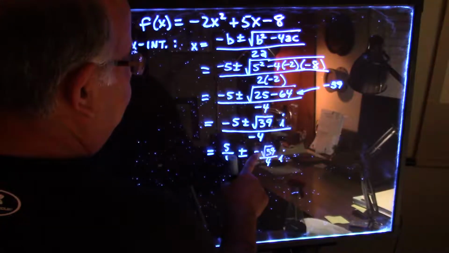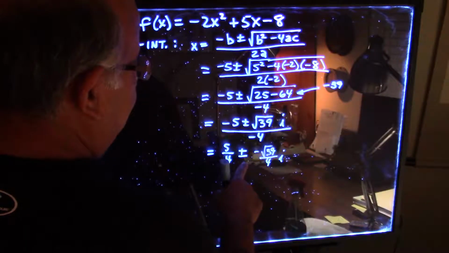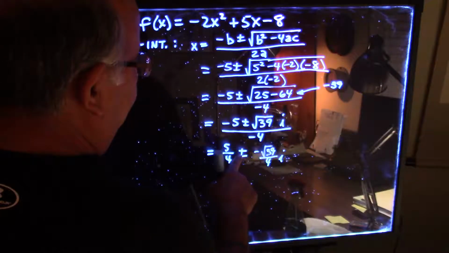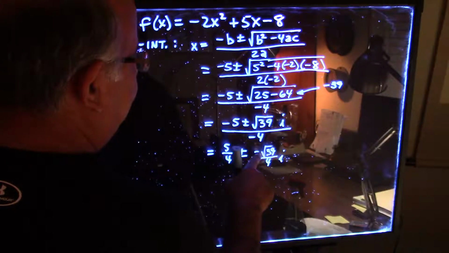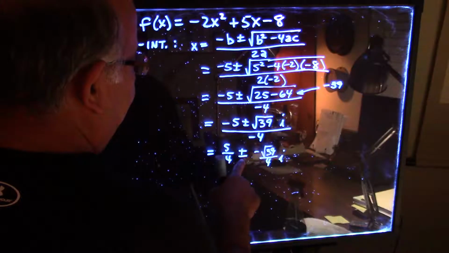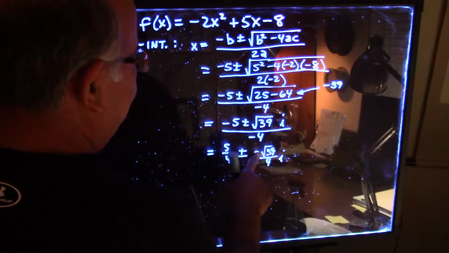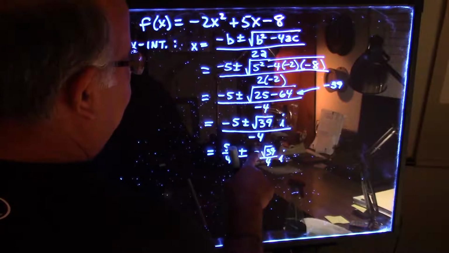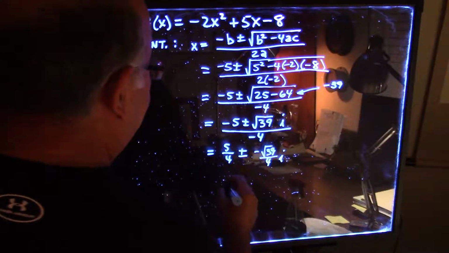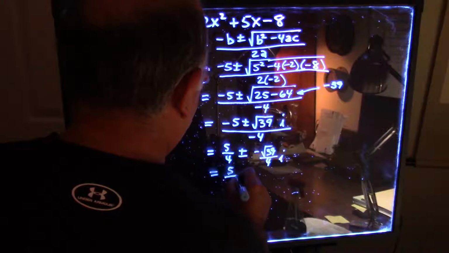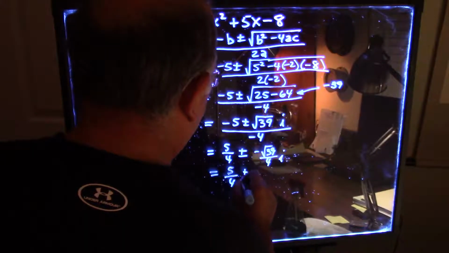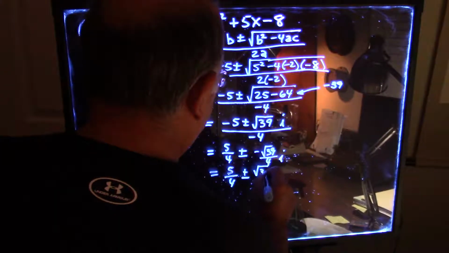But really this isn't necessary. If it is negative, when you use the plus, that becomes a minus, since a plus a minus becomes a minus. And if you use the negative here, the negative of a negative is positive, so you get minus plus. It's basically the same as plus or minus in this problem. So it's 5/4 plus or minus square root of 39/4.